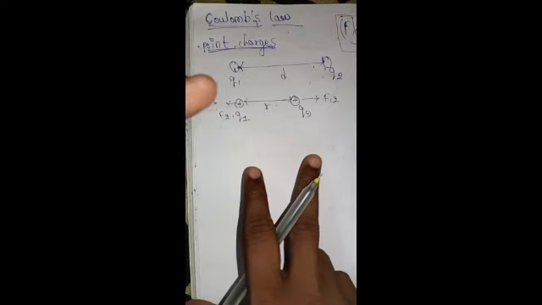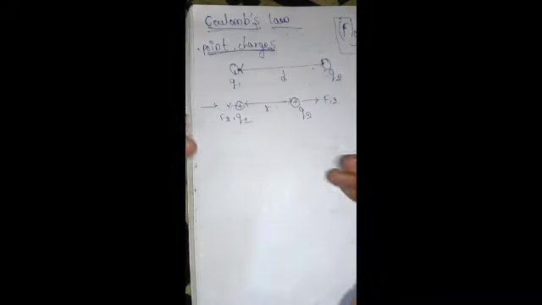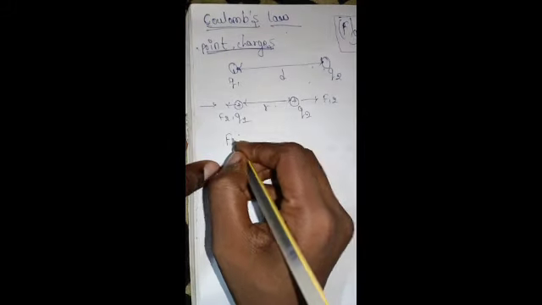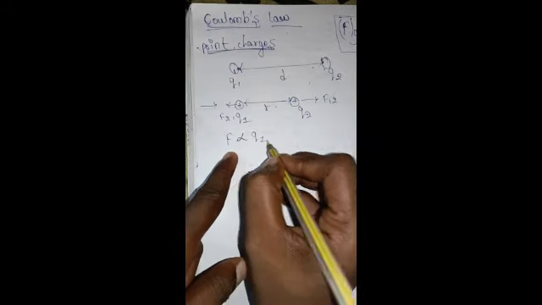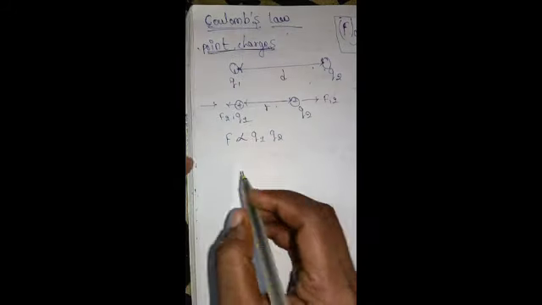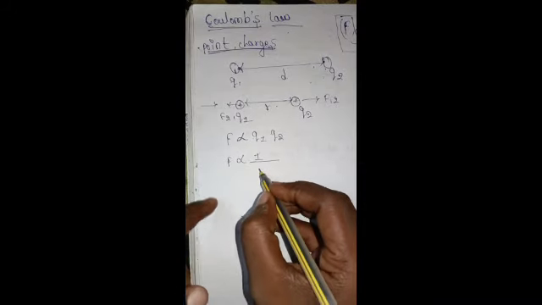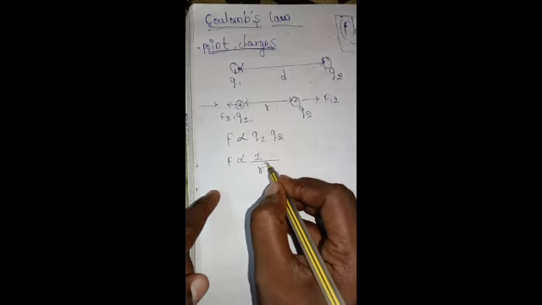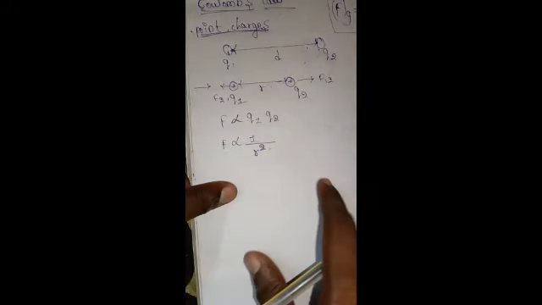The force of attraction or repulsion between two point charges is directly proportional to the product of the charges, and inversely proportional to the square of the distance between them.